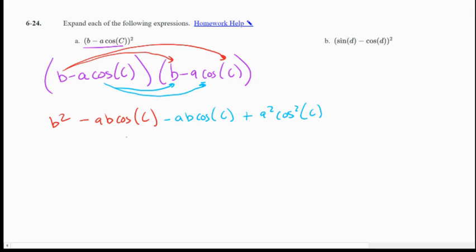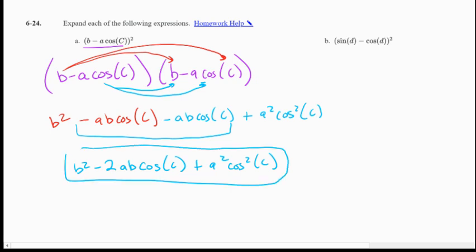And now I'm just going to combine like terms because these two are the same thing. So my final answer is b squared minus 2ab cosine of c plus a squared cosine squared of c.